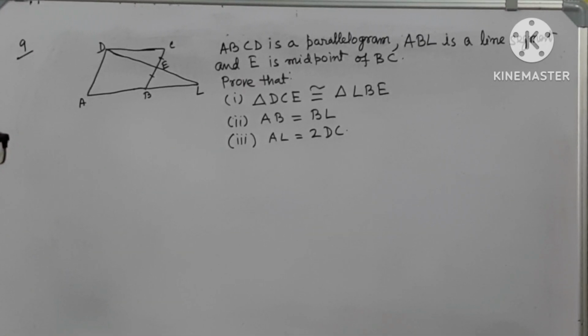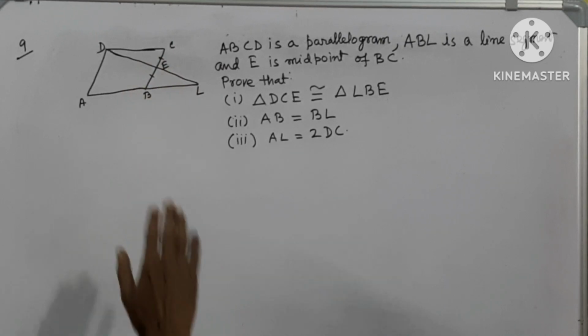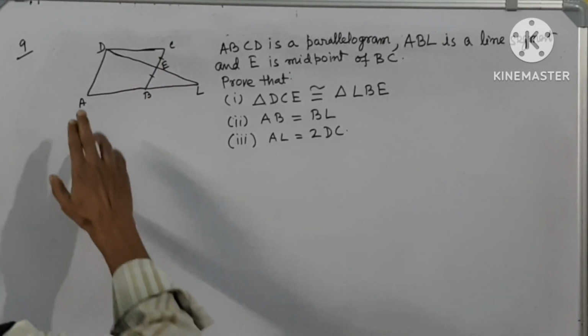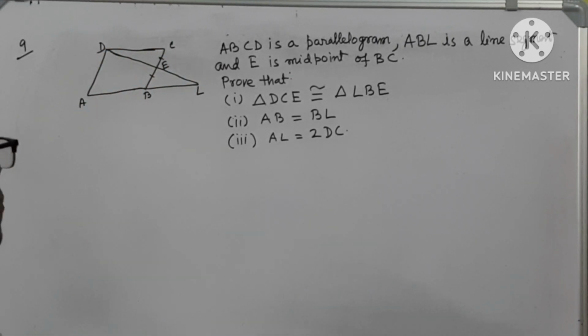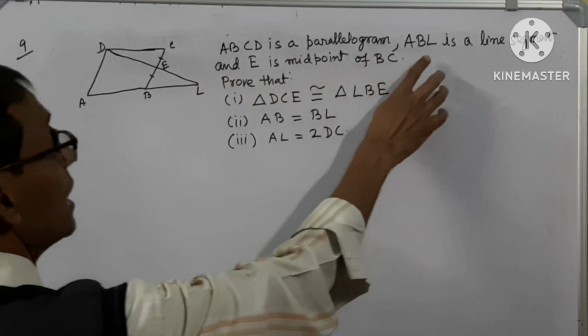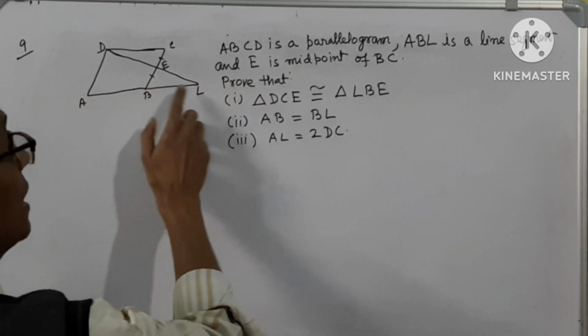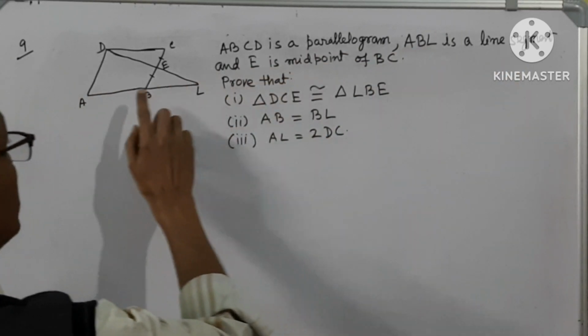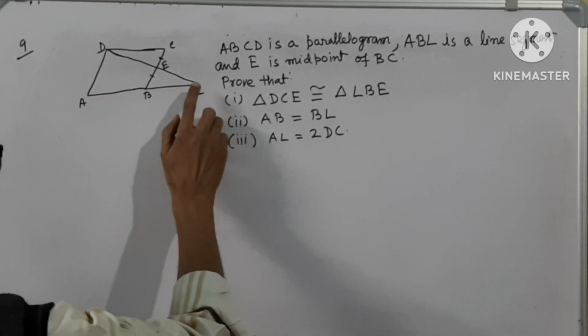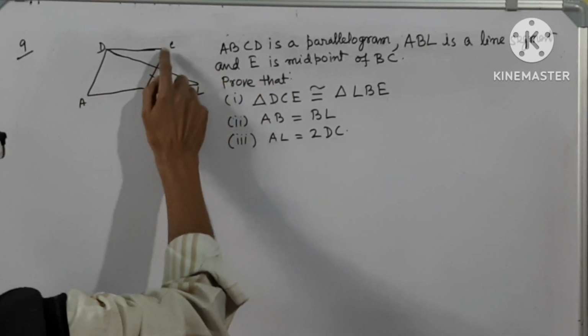Number 9, ABCD is a parallelogram. Here ABCD is given a parallelogram, though the figure is not very accurate. ABL is a line segment and E is the midpoint of BC.